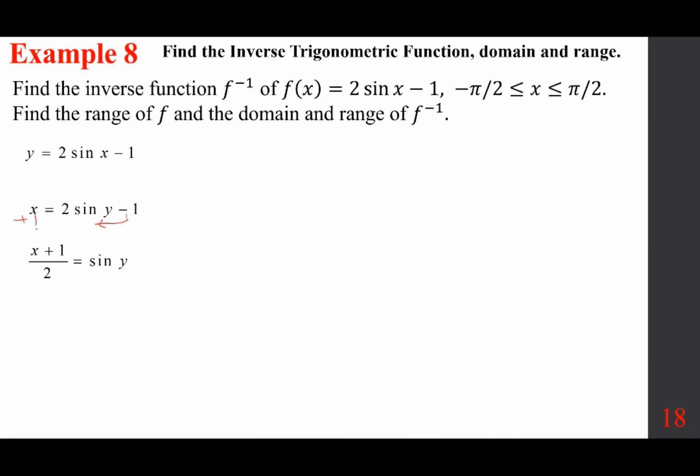Since we are solving for y, y becomes sine inverse of x plus 1 over 2. And we give it the name f inverse of x. So that's the first step. We got the inverse.